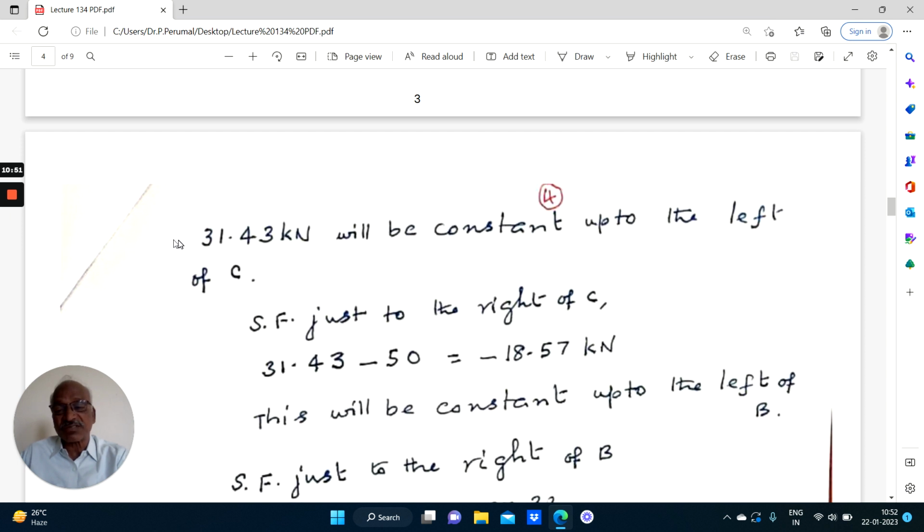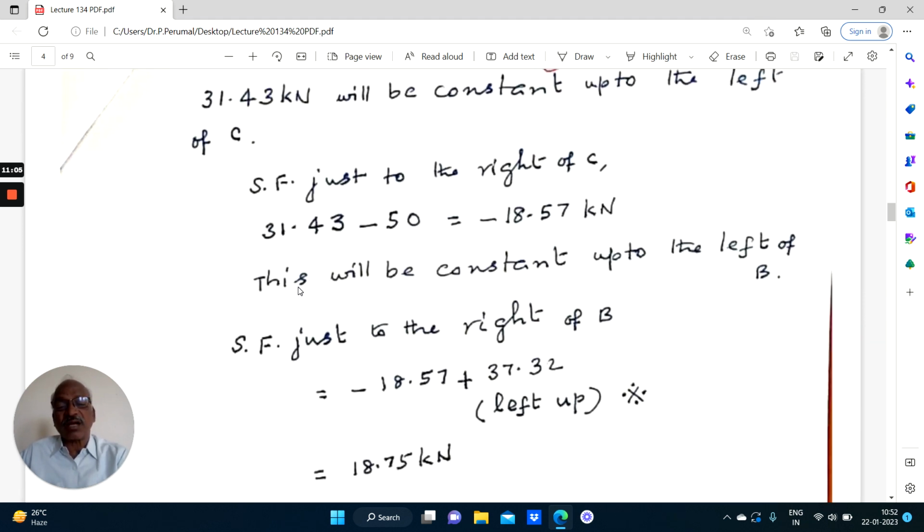Just to the left of C it is 31.43. Just to the right of C it is 31.43 minus 50, the downward force, which equals minus 18.57. Again, that will be constant up to the right support, because between C and B there is no loading.